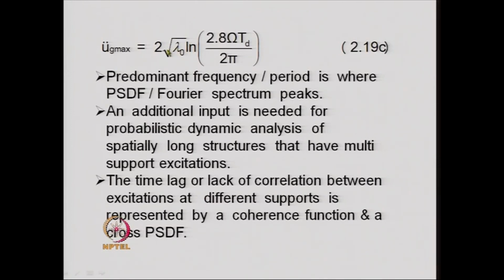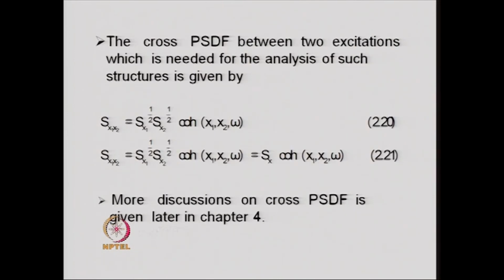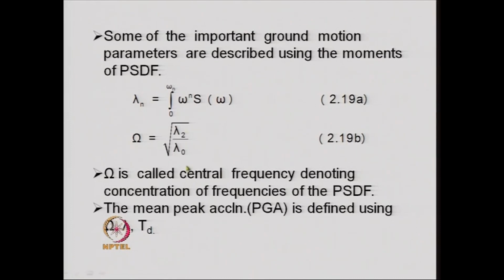Lambda 0 is the mean square value of the ground motion, or in other words, the area under the power spectral density function curve, and capital omega is equal to the square root of the second moment of the power spectral density function divided by the 0th moment, or the mean square value of the ground motion.